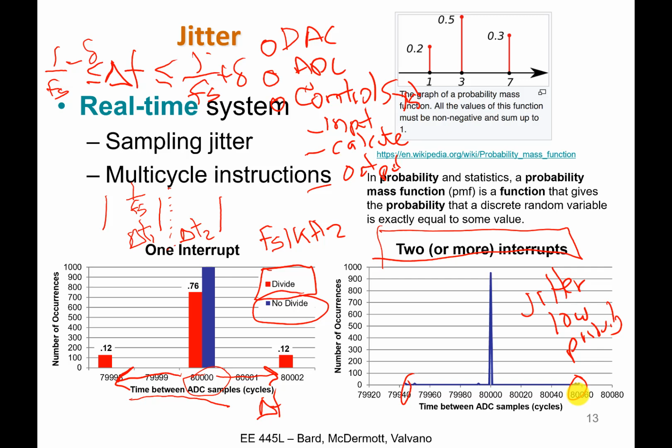Again, the idea here is we put our most important tasks at high priority, and they'll have a low jitter. And we put our less important tasks at a lower priority, and they will have a small but not negligible jitter. It's important for us to understand this if we're going to define our system as real time.